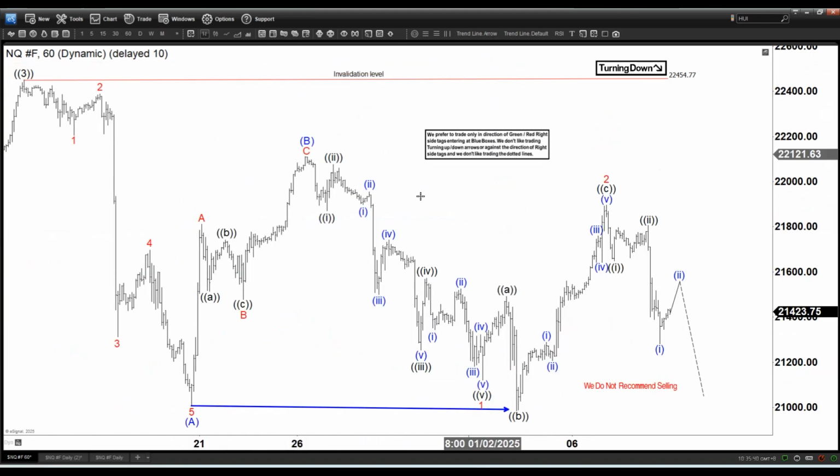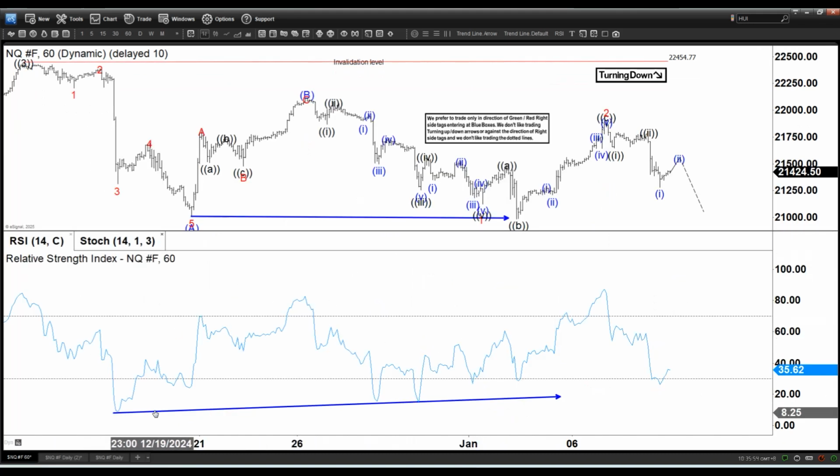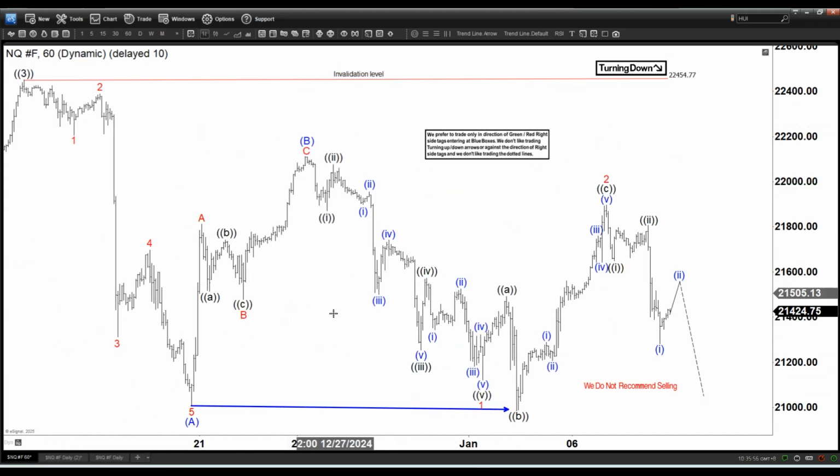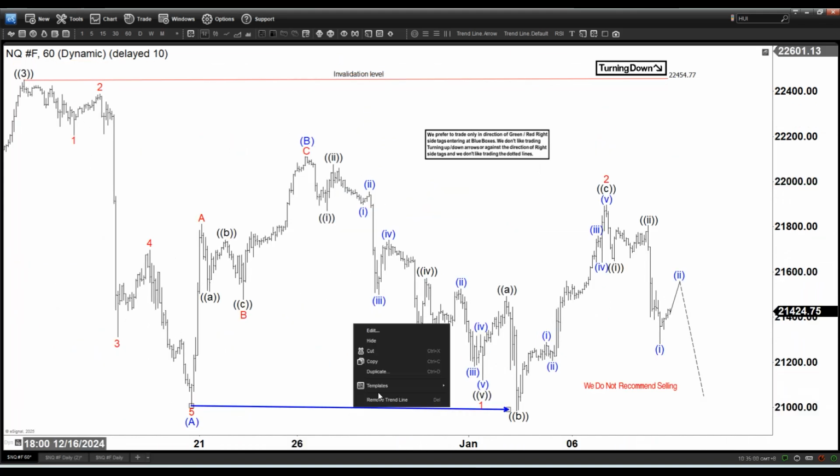Typically when there is a divergence, it indicates it's not yet complete. A corrective structure ideally should not end with a divergence. If you have a lower low in price, ideally you also have a lower low in the momentum. That's why we're still calling for the downside.